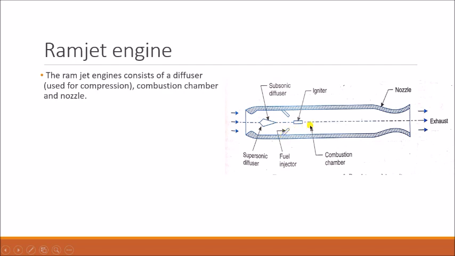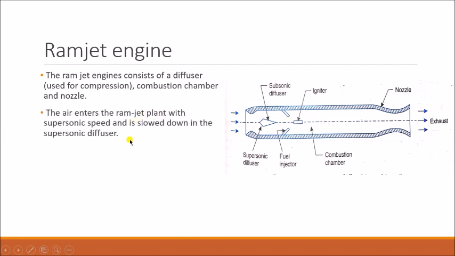The fuel is sent into this combustion chamber, and using the igniter the combustion takes place. Then you have fuel injectors, and the igniter is something like the spark plug in your petrol engine, which burns the air fuel mixture. In the same way, here it is the igniter, and you have a nozzle, and then there is an exhaust.